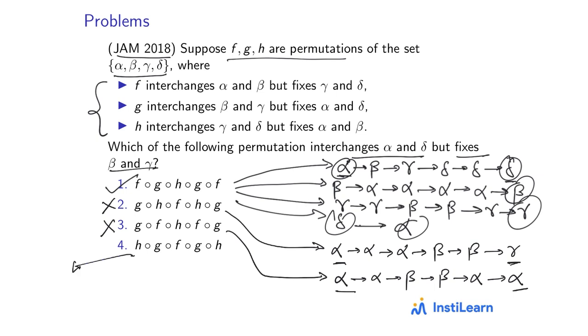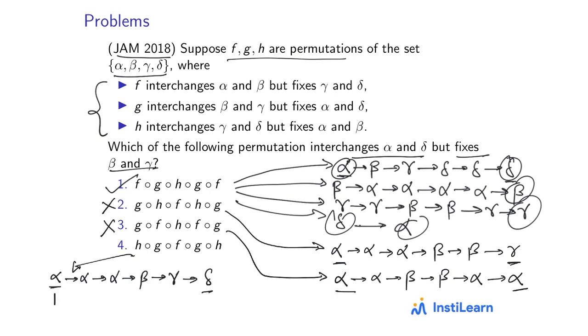Under H, alpha is going to alpha, alpha is going to alpha under G, then alpha is going to beta under F, beta is going to gamma under G, and gamma is going to delta under H. So alpha is going to delta.